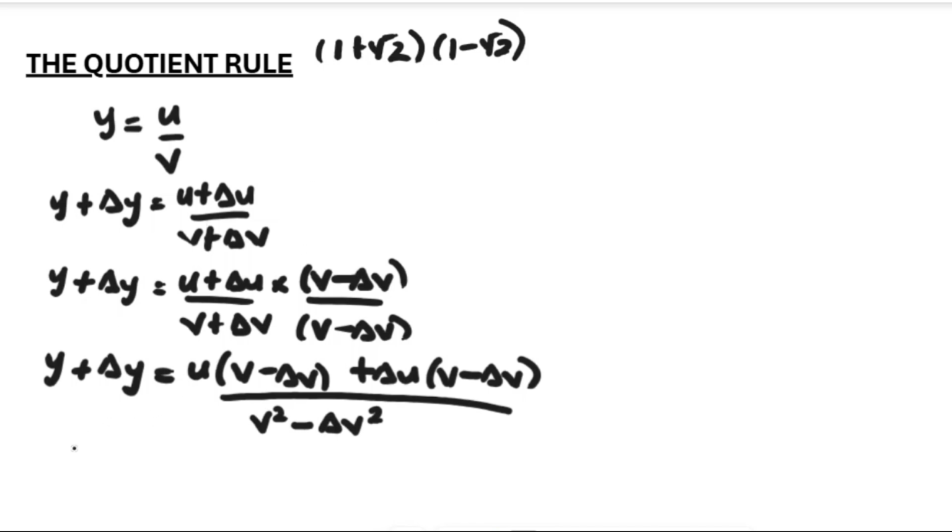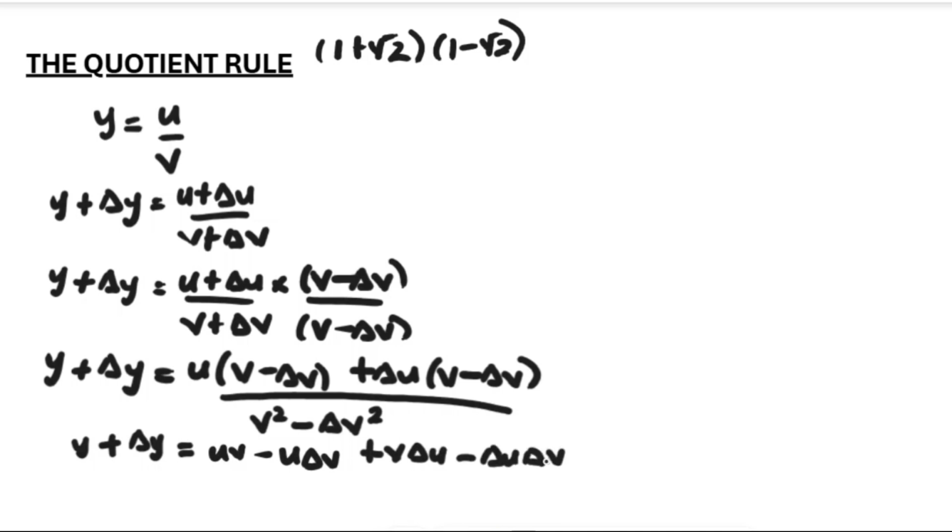Before taking y to the other side, we can say y plus delta y gives us uv minus u delta v plus v delta u minus delta u delta v, then everything is divided by v squared minus delta v raised to the power of 2.